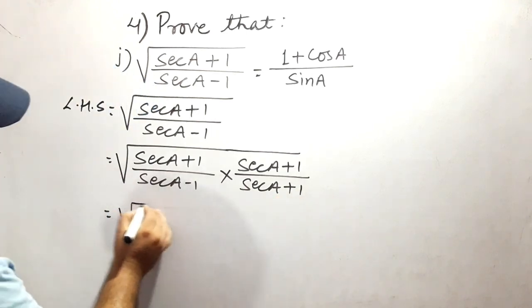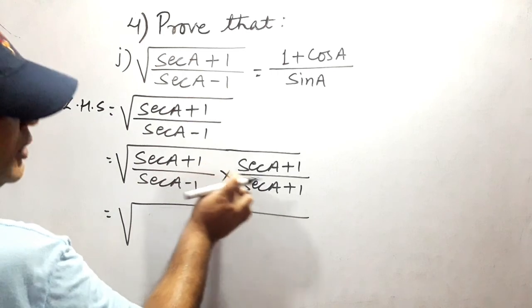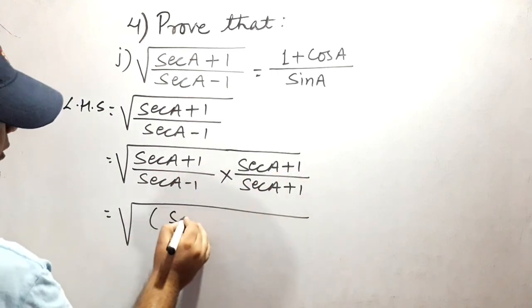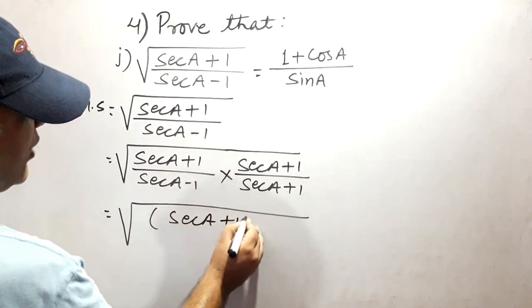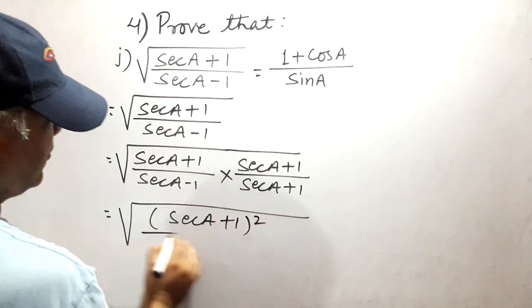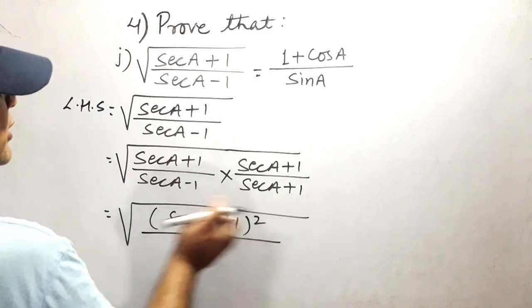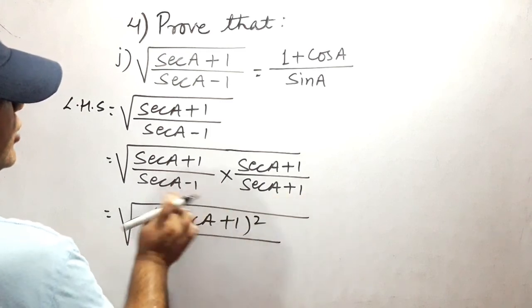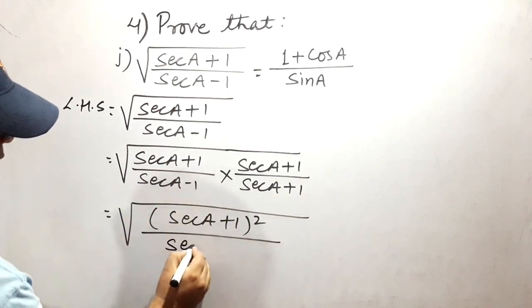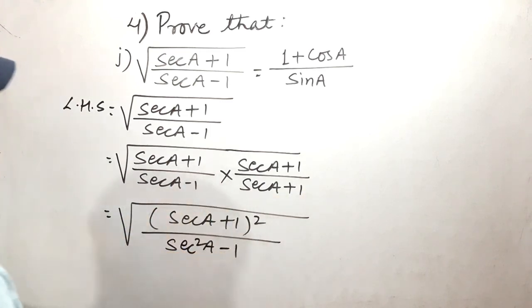Root under (sec a plus 1) into (sec a plus 1), it is (sec a plus 1) whole square, by (sec a plus 1) into (sec a minus 1). A plus b into a minus b, it is a square, that is sec square a minus 1 square, that is 1.